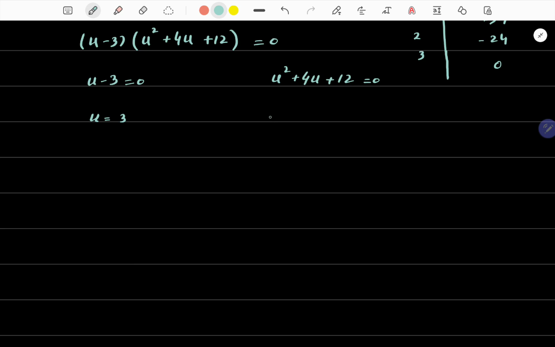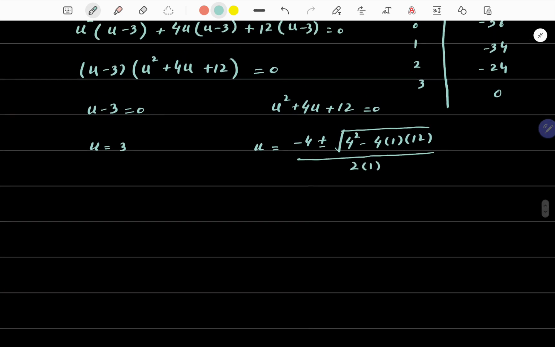And here we are going to use the quadratic formula, which gives u is equal to minus b, b is 4, so minus 4 plus minus the square root of b square, that means 4 square minus 4ac, over 2 times a, where a is 1.